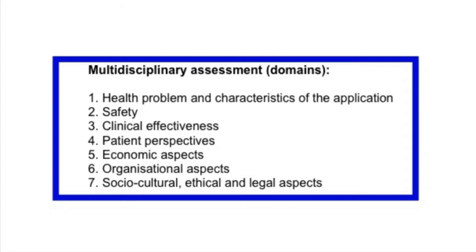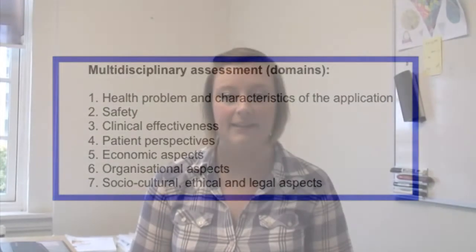You need to consider the economic aspects on both a societal and a hospital or organizational level. You need organizational aspects in terms of the staff that you've employed and the setting as such, and social, cultural, ethical and legal aspects as well, because all of this might influence the decision that you're going to take.